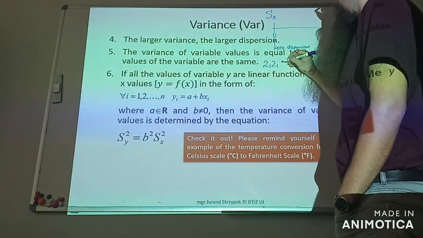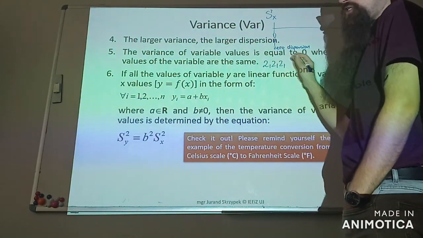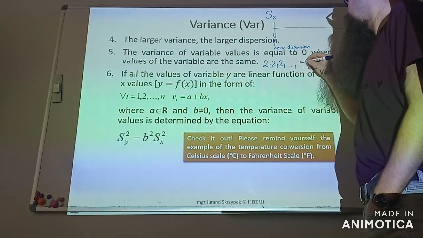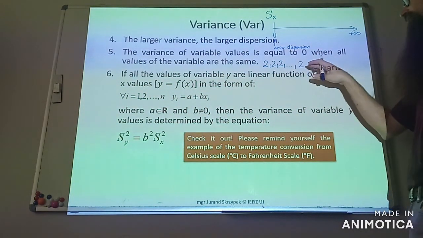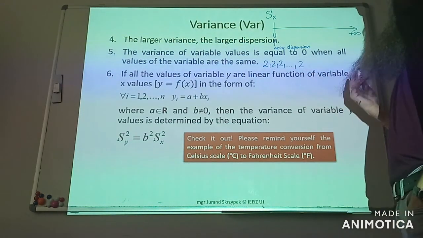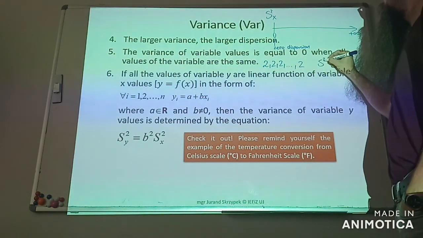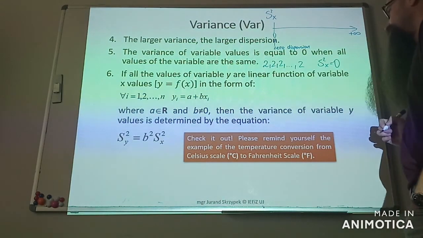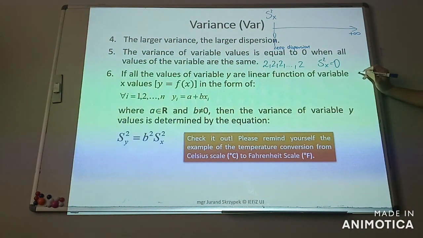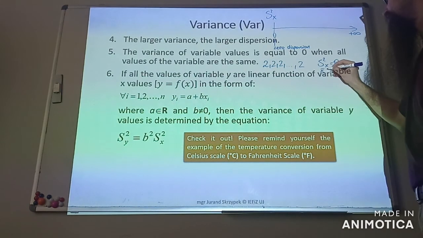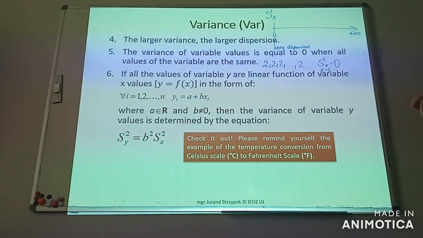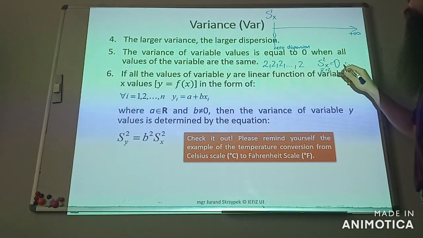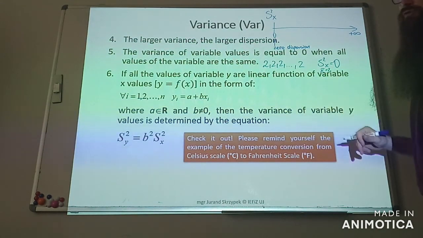The example: 2, 2, 2, an example of an individual series. Every value in the individual series is equal to 2. It means that the variance is exactly equal to 0, because the mean value is 2. There are no differences between the values of the variable and the mean value.